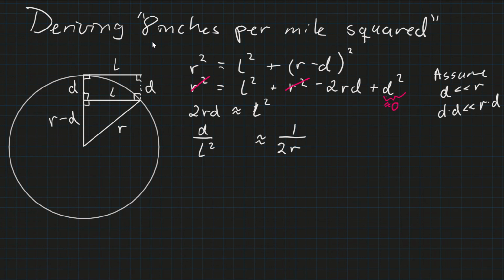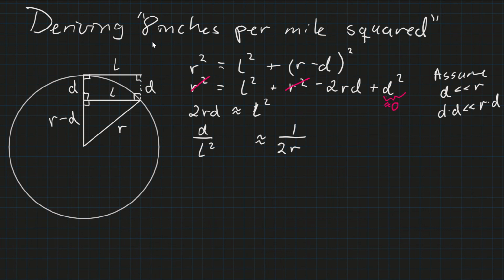Now this equation tells us how many meters per meter squared the drop is, or how many centimeters per centimeter squared the drop is, as long as we use meters or centimeters, or the respective unit for the radius of the Earth inside here.